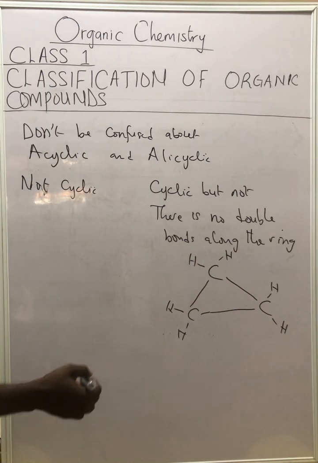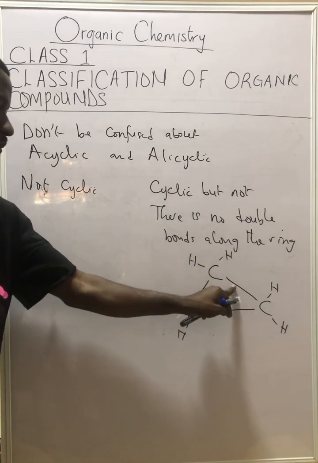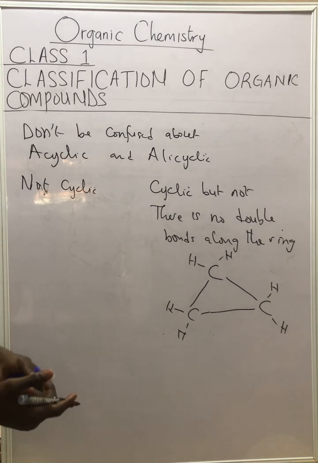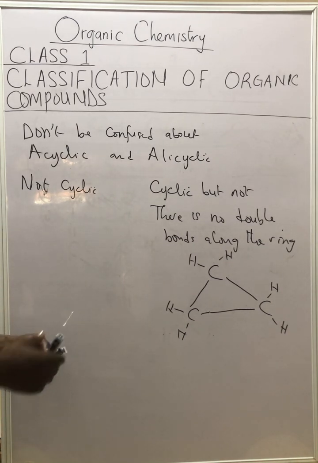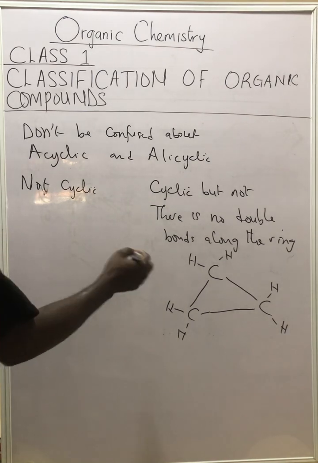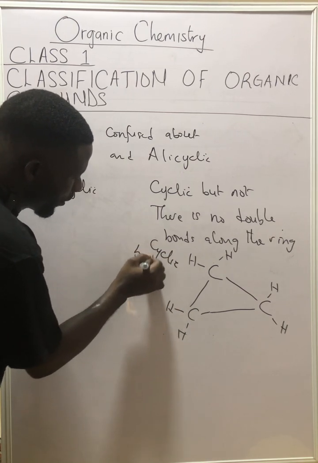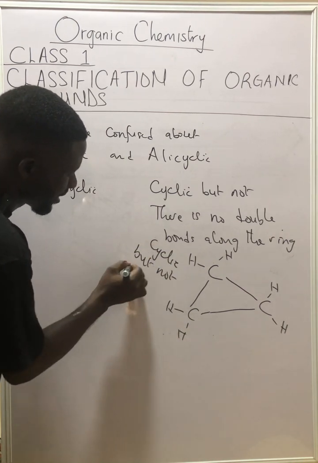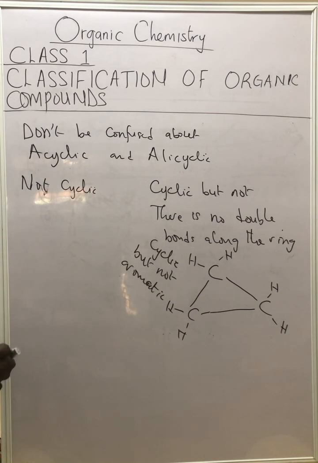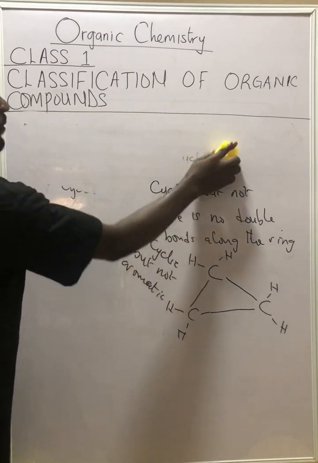So this is alicyclic. It is still cyclic, but there is no double bond along this line. In another way, we can always say cyclic but not aromatic.